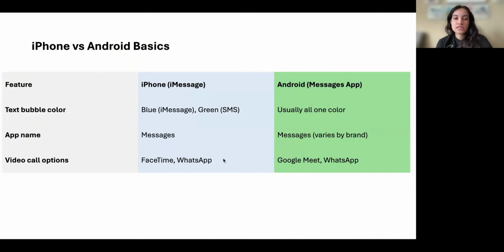So if you're ever wondering whether your friend or family member has an iPhone, usually their text will be in blue. And if the conversations are green and gray, that means the other party has an Android. Next time you're texting someone, just look out for those colors.